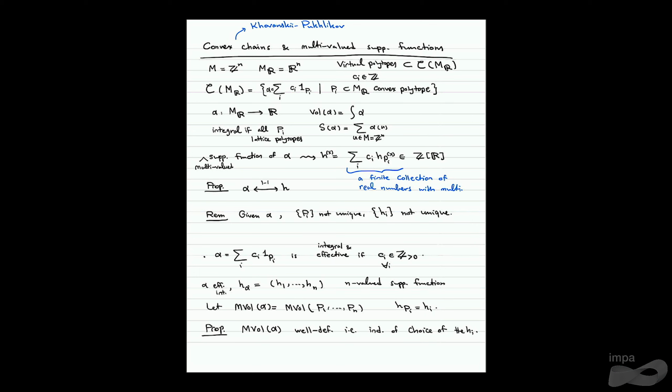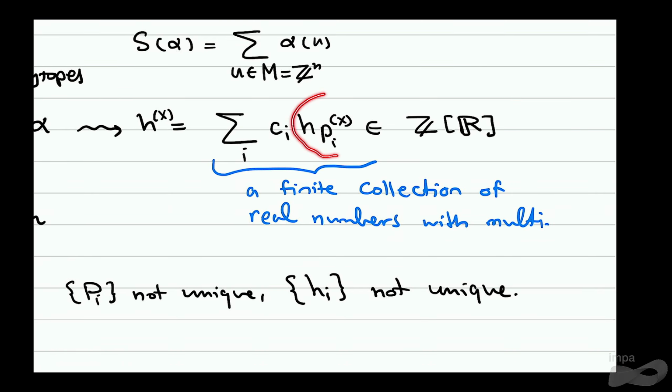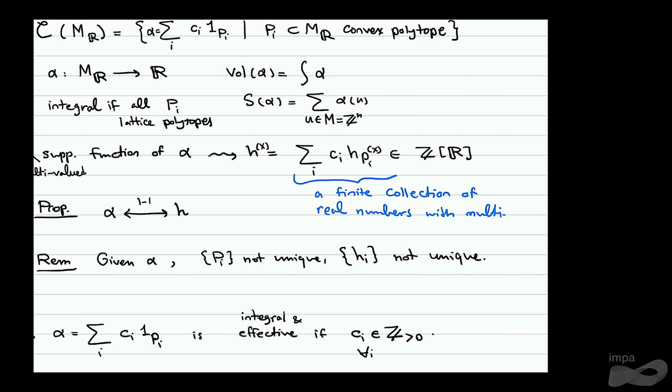So you take the support functions h of p_i of the polytopes whose linear combination you take, and you think of it not as a sum of values, but as a sum in the group algebra, meaning that you have this value repeated this many times. But you also can allow the repetition to be a negative number. So you think of it as a multi-valued function.